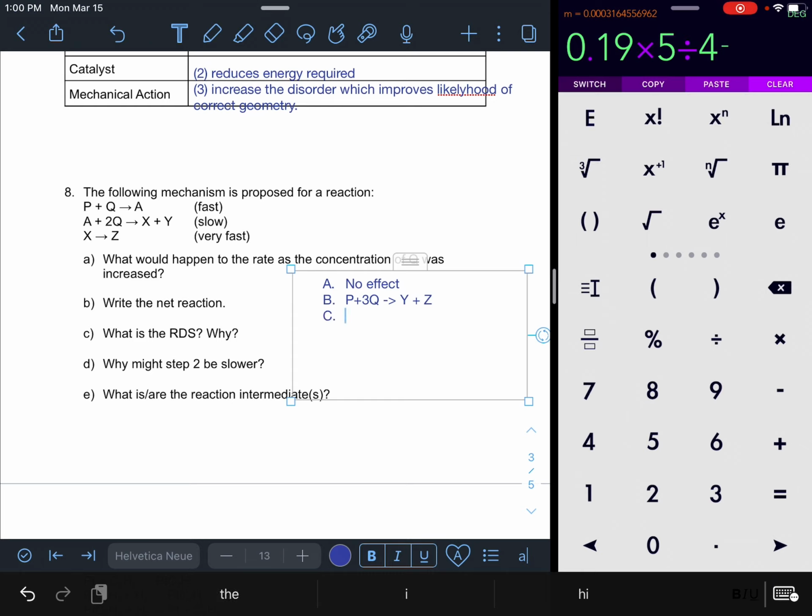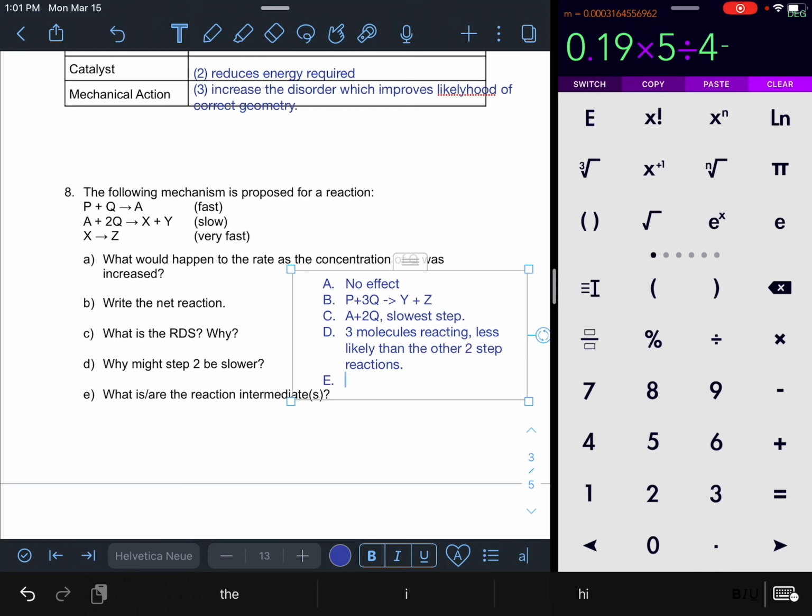What is the rate determining step? A plus 2Q is our rate determining step. Slowest step. Why is step 2 slower? There's a lot of different reasons, but one thing that you can look at right away is that this is a 3-component reaction. 3 molecules reacting is less likely than the other two-step reactions.